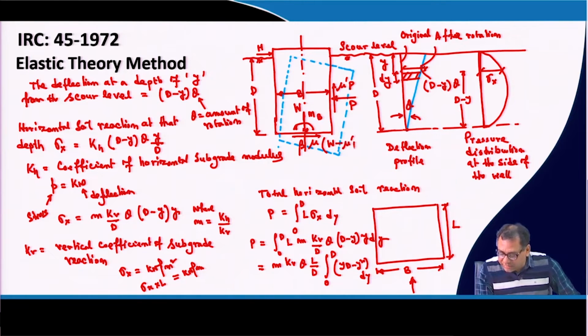So the friction force at the base is the total vertical force into mu, and to note the direction we multiply one beta term. That value will be discussed later on. The W is the vertical downward force, and in the upward direction there is the side wall friction acting upward. So we have taken the net downward force, that is W minus mu dash P, times beta into mu.